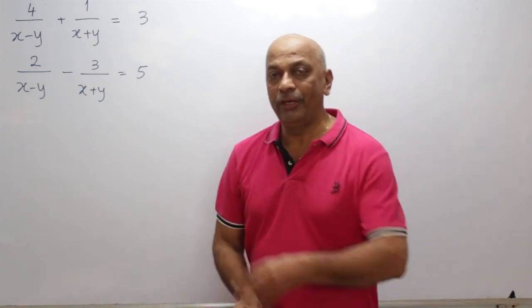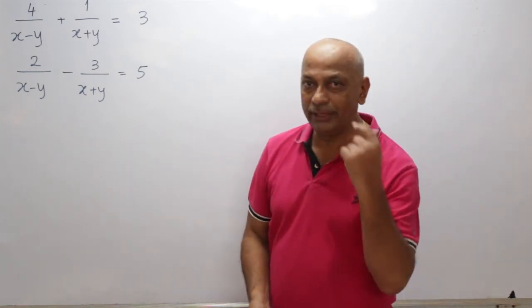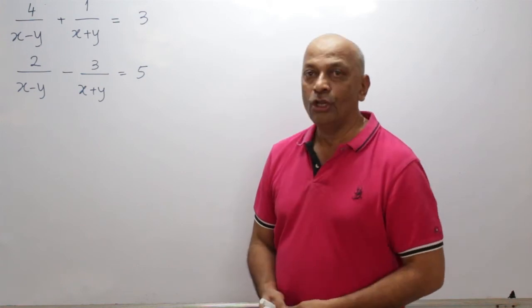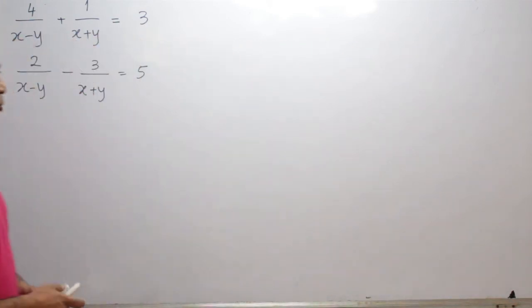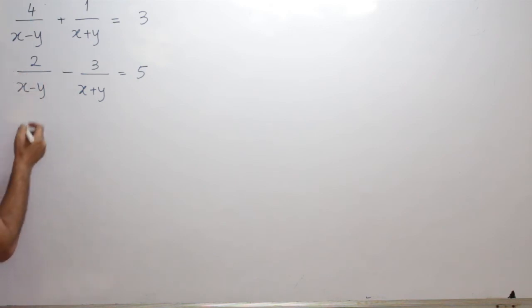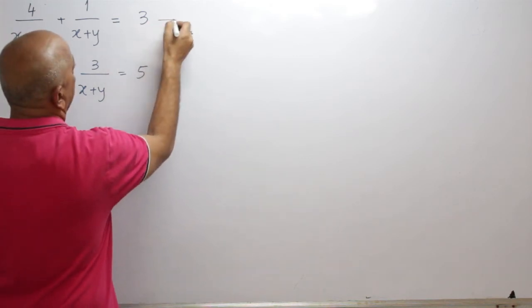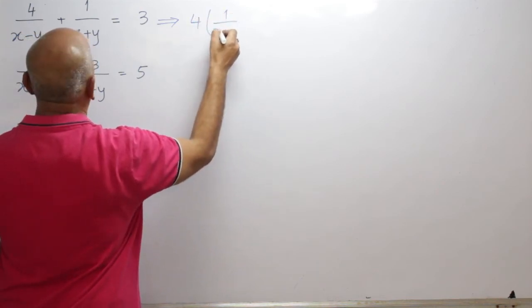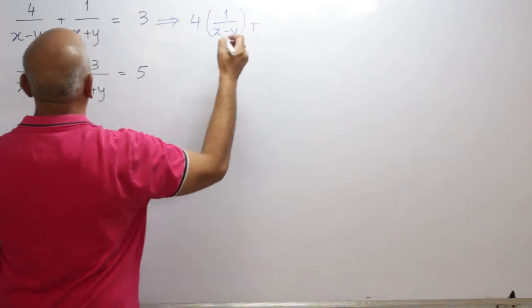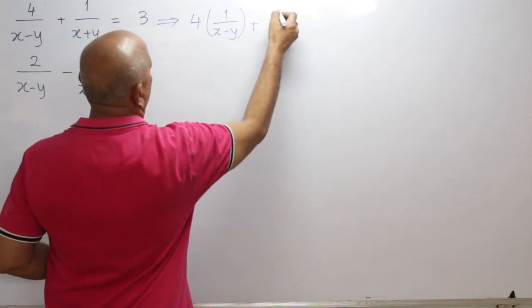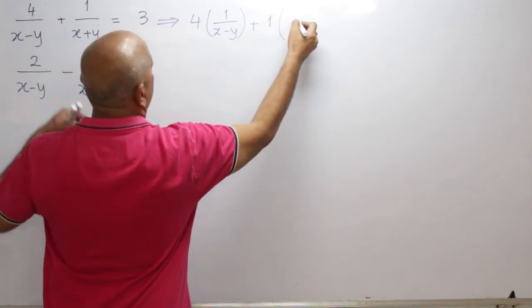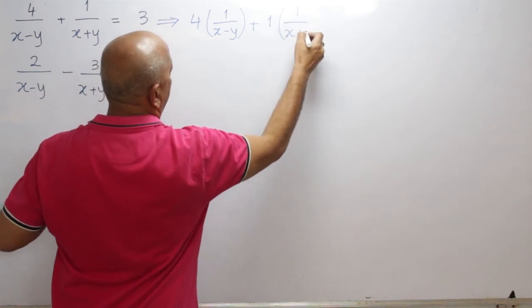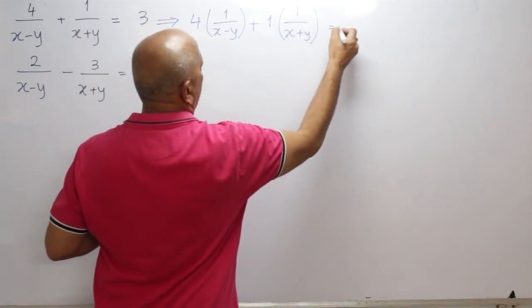Now we have to convert these equations into our standard linear equations. We can do it by assuming. So I can write these equations this way: 4 into 1 upon x minus y plus 1 into 1 upon x plus y is equal to 3.